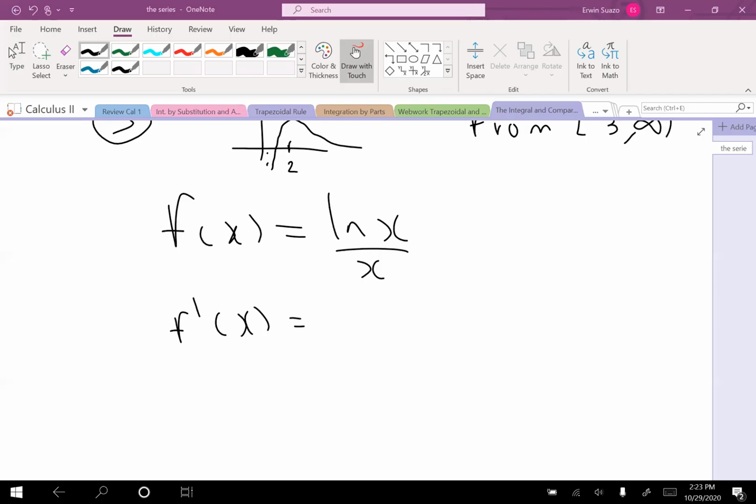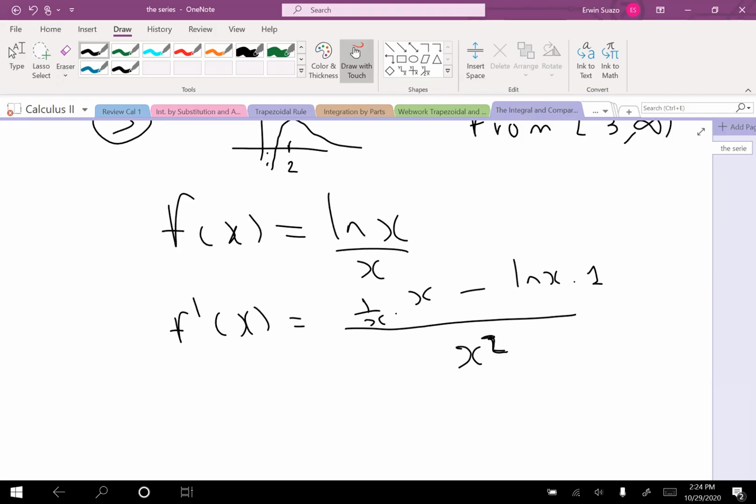Okay, so the derivative of this we can do by the derivative of a quotient. So it will be x squared, then the derivative of the top, which is 1 over x, times the bottom without derivative, minus ln of x times the derivative of the bottom, that is 1, right?